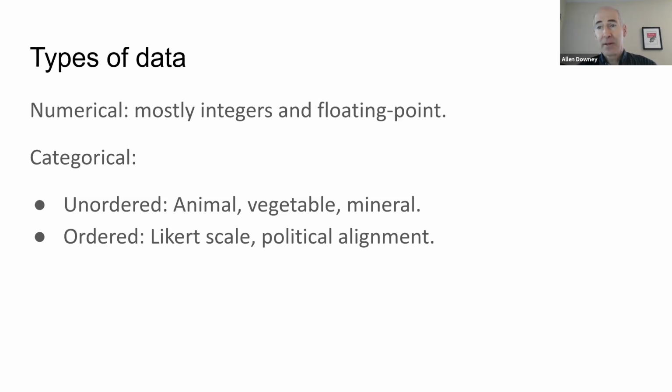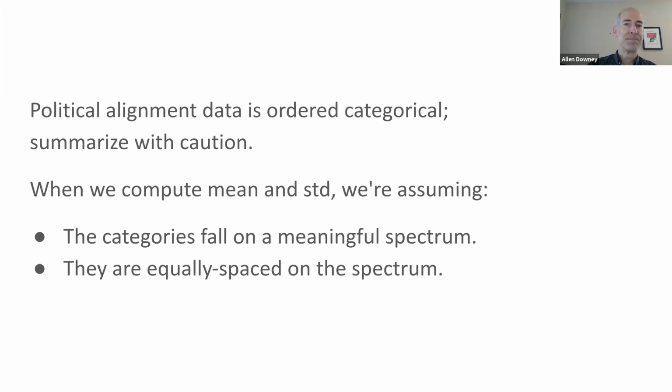Animal, vegetable, and mineral is an example of an unordered categorical variable, as contrasted with ordered categorical variables. If you're familiar with a Likert scale, for example, or the scale that we're currently working with, political alignment, is ordered and categorical, which is a little bit of a funny kind of data to work with.